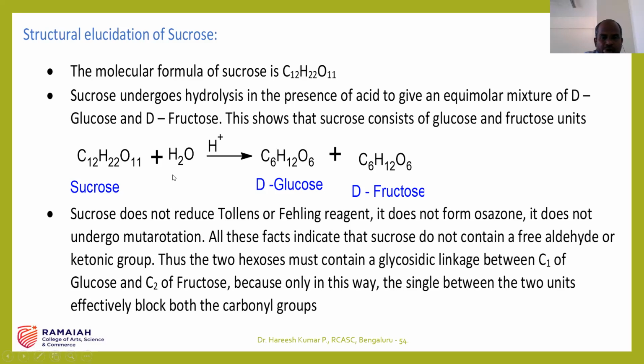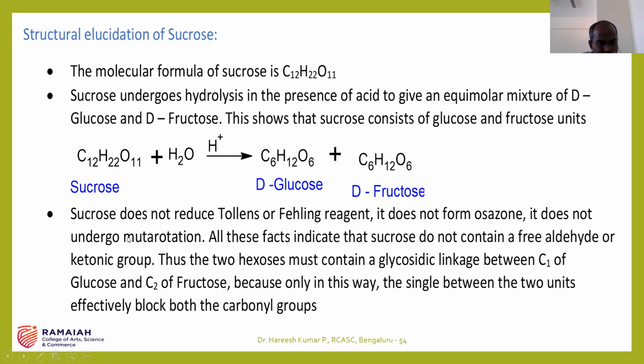Okay, then what happens when sucrose is added to Tollens reagent? It does not reduce, that means there is no silver mirror formation. If there is no silver mirror, sucrose does not contain a free aldehyde group, and at the same time sucrose does not contain a free ketone group.